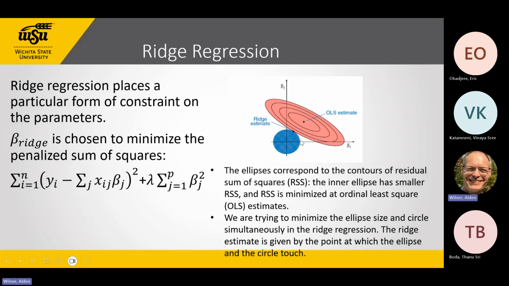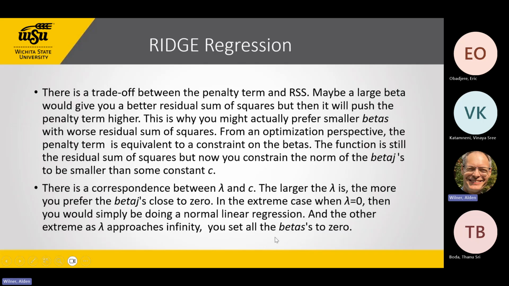So we're trying to minimize basically the area of this OLS estimate plus the area of the ridge estimate, right? If we don't leave this on here, we'll just get a point value here. If we only look for the least area of a circle about the origin, of course, that's a circle with zero space, right? So the ridge estimate is given by the point at which the ellipse and the circle touch.